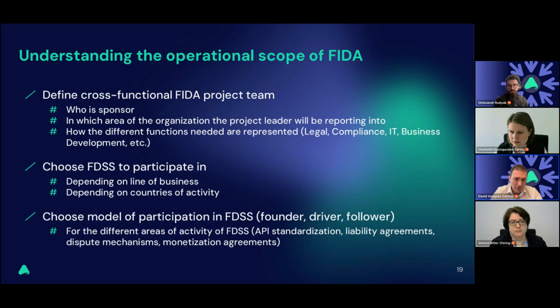So you will need to make a choice and decide in which FDSS you're going to participate. Remember, these are the organizations that define the data format that has to be exposed, and also some contractual obligations and liability model, for instance, in case of conflict with or a misuse of data that has been shared.